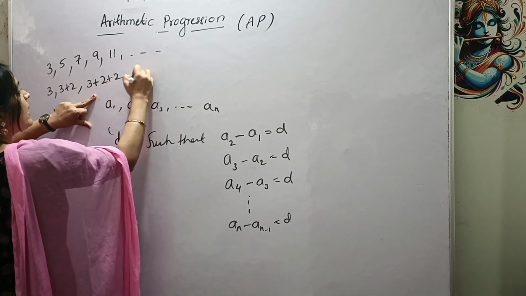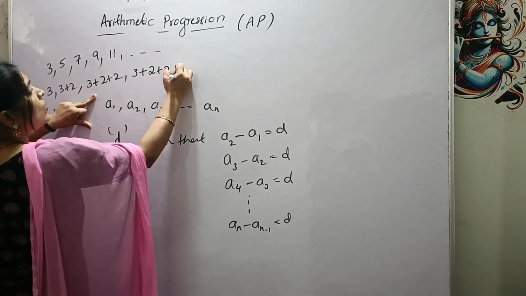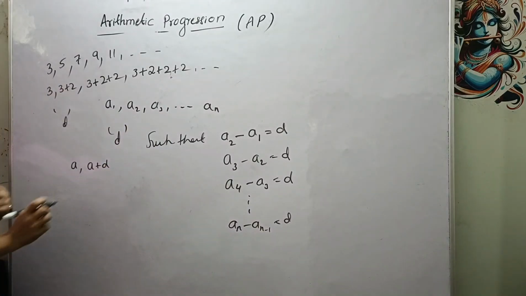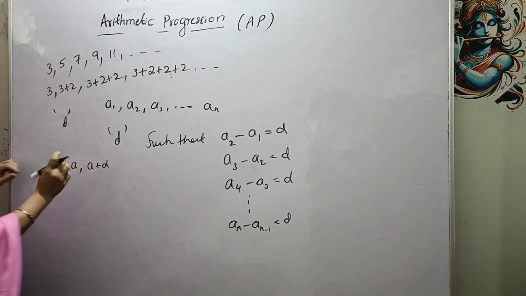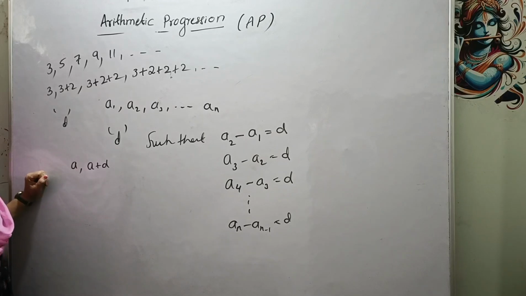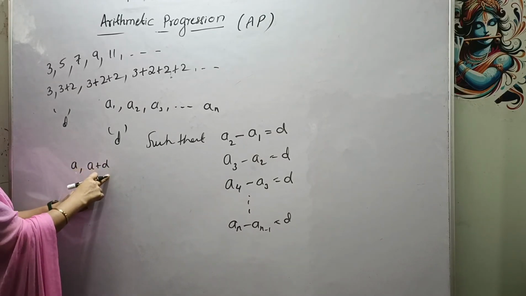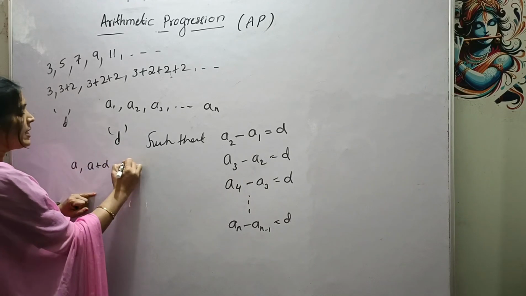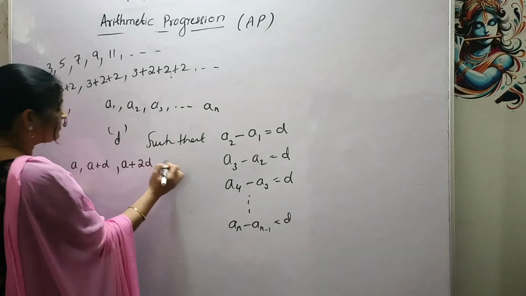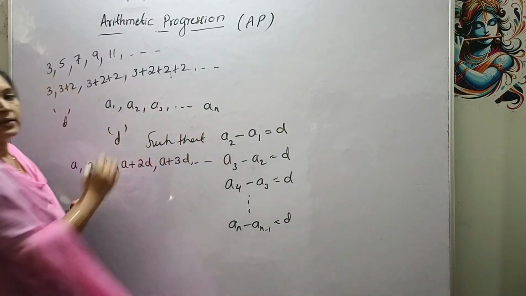The next term is 3 plus 2 plus 2 plus one more 2, etc. So in general we can write, if the first term is a and d is the common difference, then the second term is a plus d, the third term is a plus 2d, and the fourth term is a plus 3d, etc.